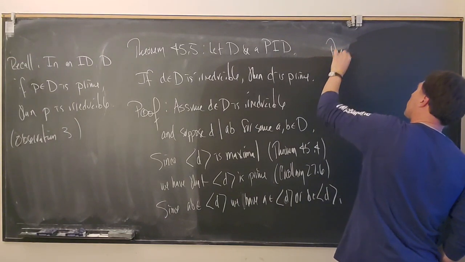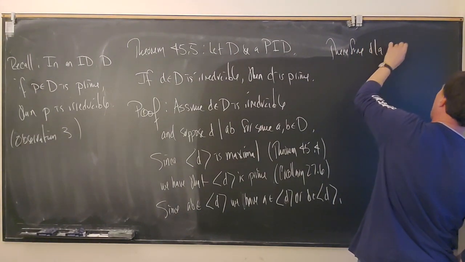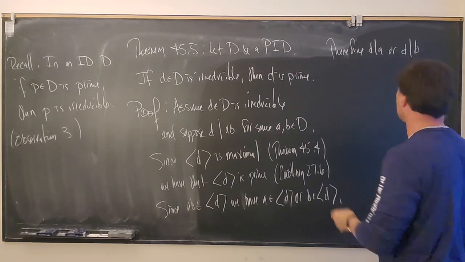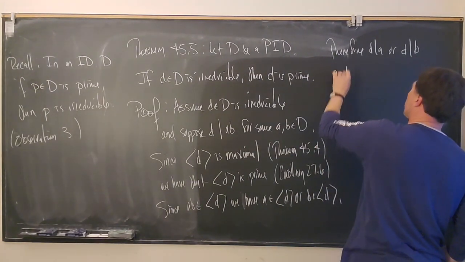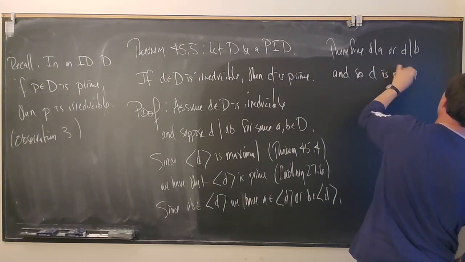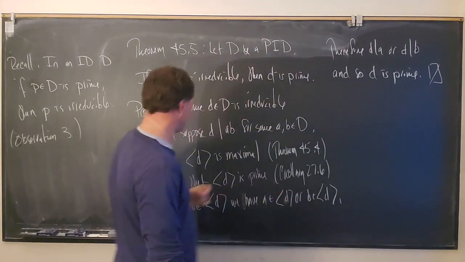Therefore, d divides a, or d divides b. That's just what it means to live in the ideal generated by d. And so d is prime.